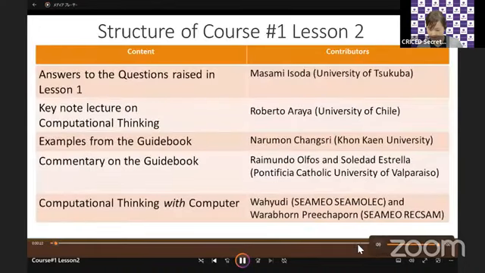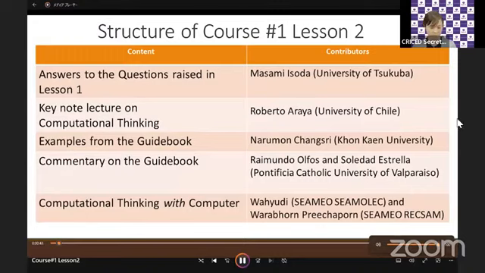Here is the structure of course number 1, lesson 2. We would like to start with the answers to the questions raised by the participants in lesson 1 by Dr. Masami Isoda, University of Tsukuba, followed by the keynote lecture on computational thinking by Dr. Roberto Araya, University of Chile.